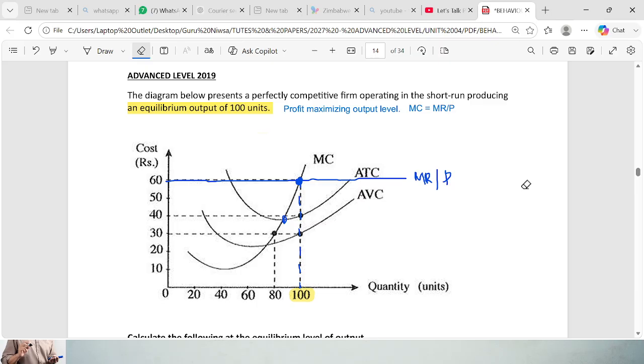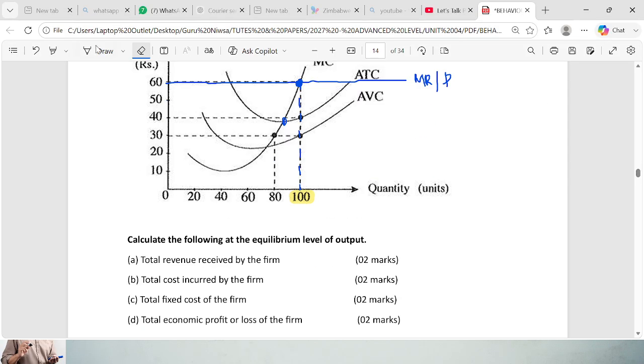What are the questions? First one: calculate the following at the equilibrium level of output. Equilibrium level of output means 100 units.